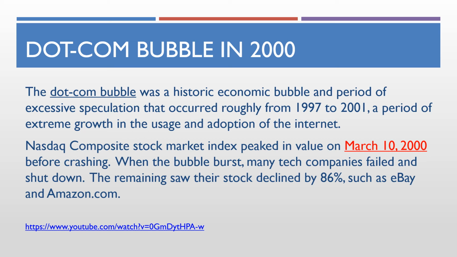Prove the ability to make money in the economy. Many of them failed and shut down, investors lost confidence in those tech companies, and the stock market for dot-com companies declined by almost 86% in total. Even eBay and Amazon, those strong dot-com companies, saw their stocks drop by so much.